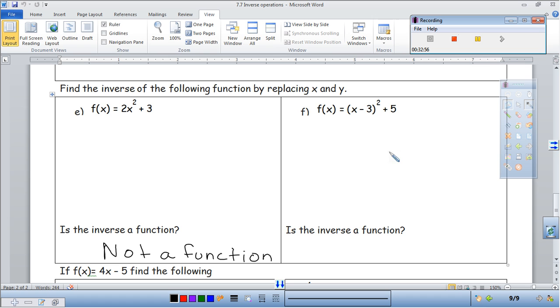Okay, this one we do the same thing. We're going to replace our x and our y. I'm going to subtract the 5 from both sides. Oh, sorry. Replace the x and y first. So this is going to be x equals y minus 3 squared plus 5.